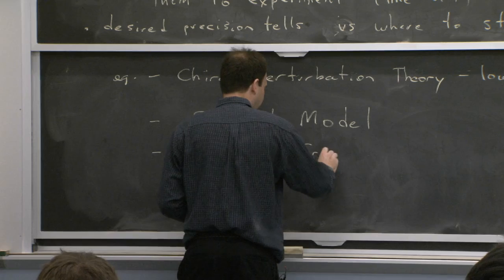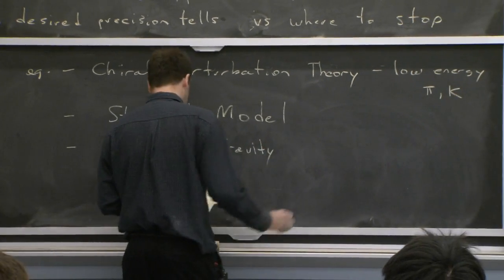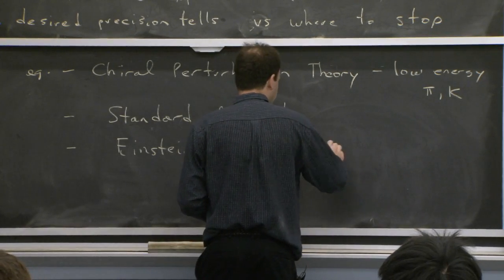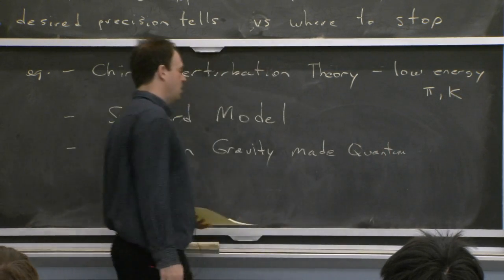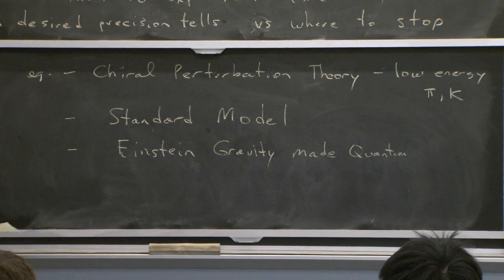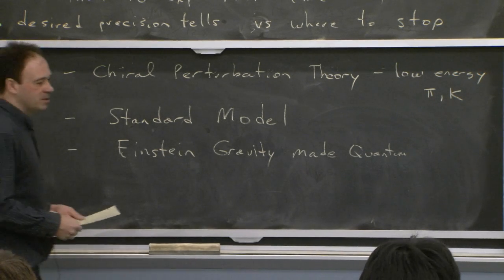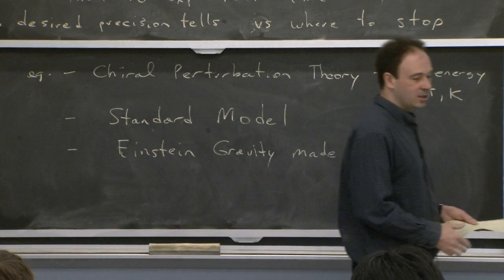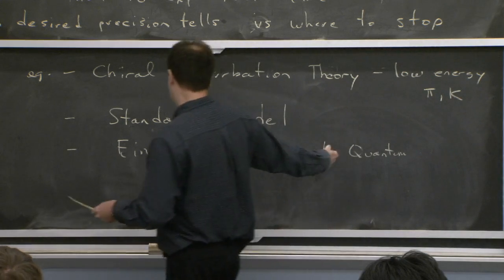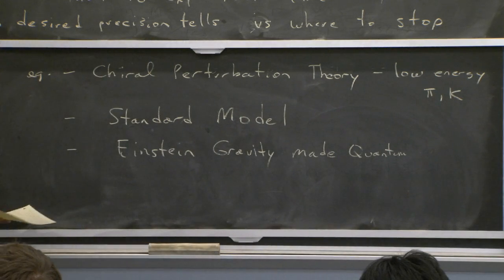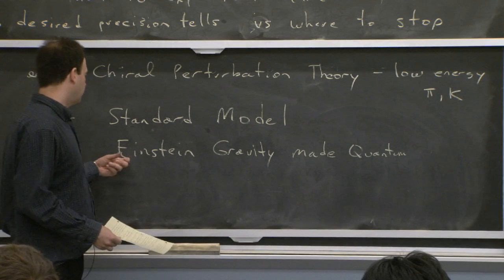Another example is quantum gravity. If you take Einstein gravity and you make it quantum, and you allow yourself to expand, i.e. you say you're only interested in low energy physics, so you allow yourself to write down an infinite number of operators, then you can also renormalize that theory order by order in those infinite number of operators.